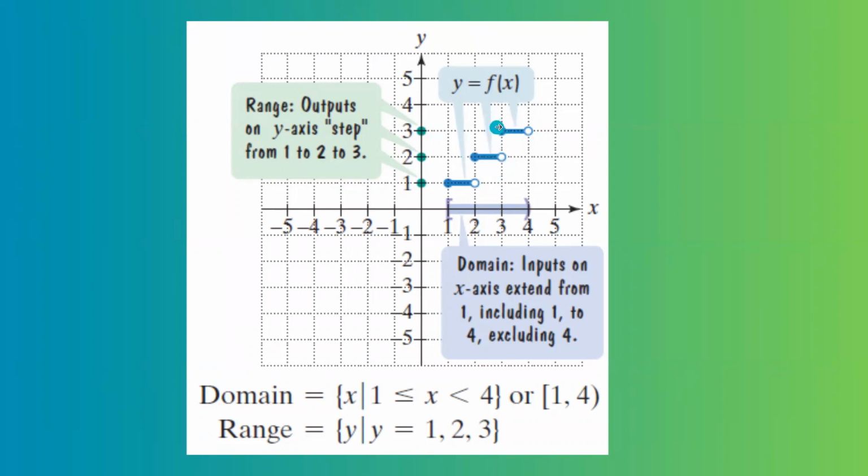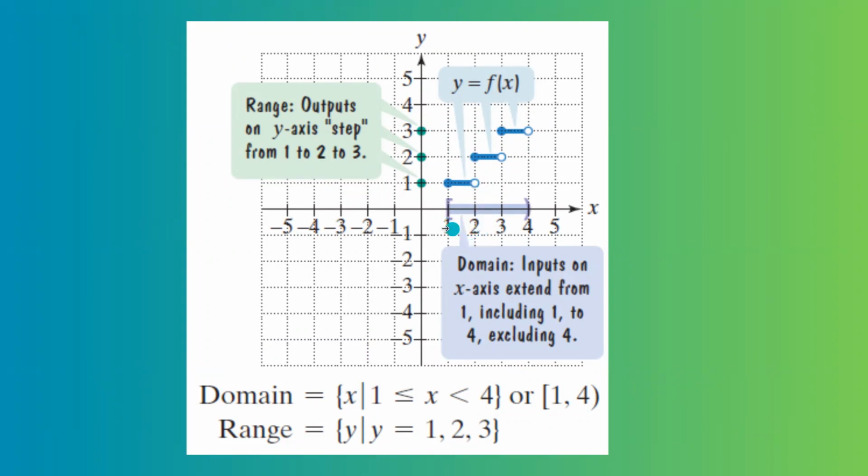However, up here, this point is filled. So if you look at the overlap, 3 is included in the domain. The same for 2. Here you have an open circle, but up here you have a closed circle. So the overlap includes 2.